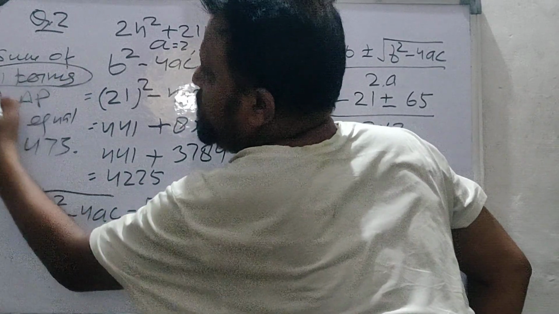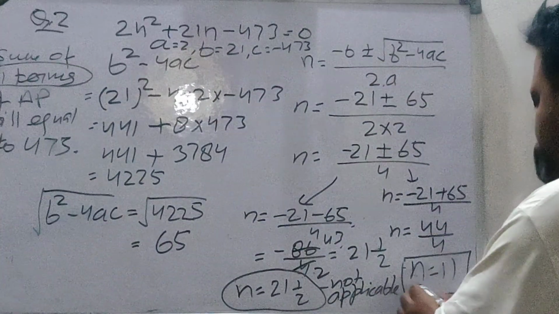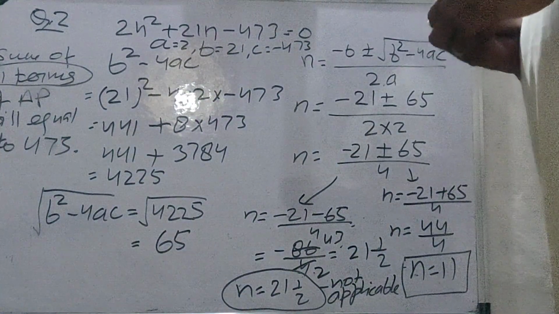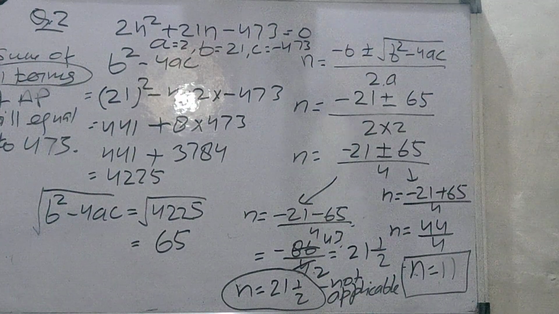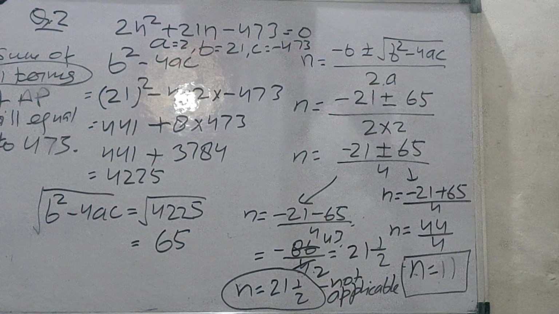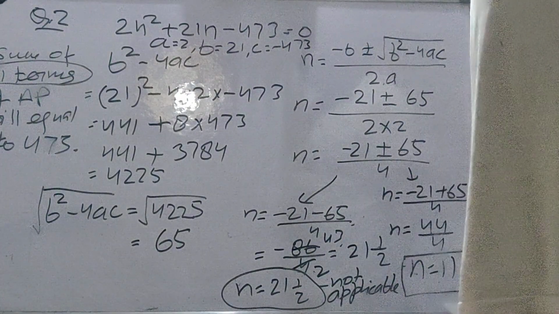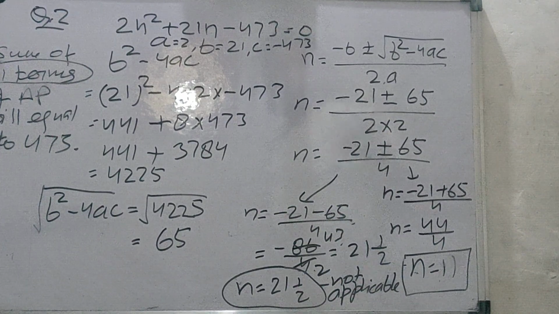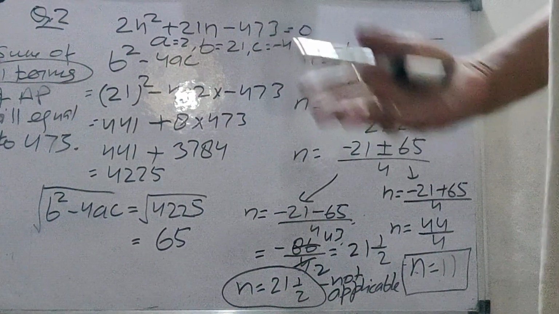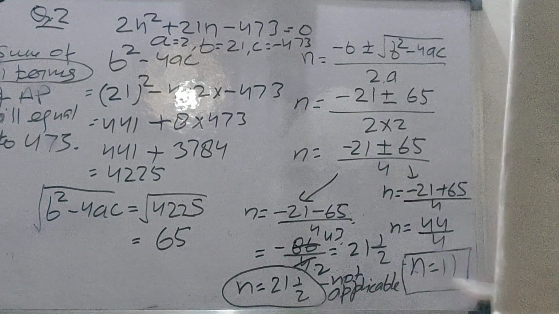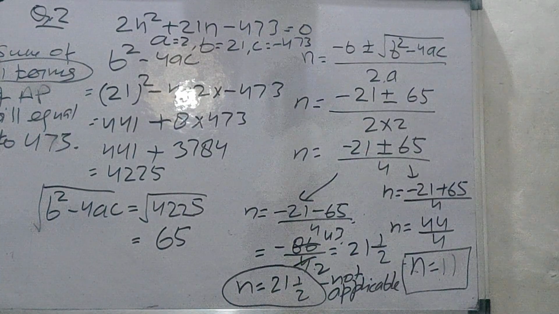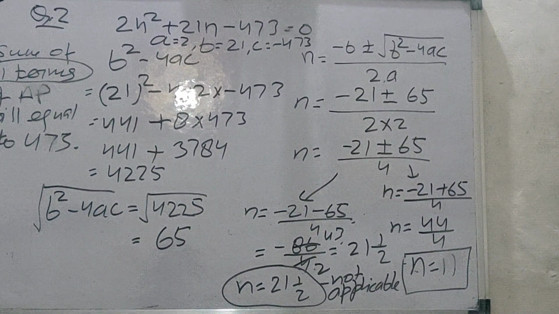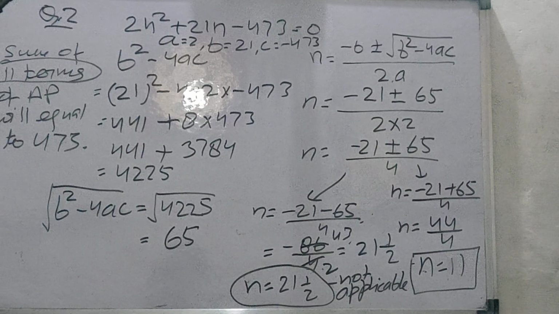So this is the solution of the question in two parts. The 11th term of the given AP, and the sum of the 11 terms of the AP which was given to us, will be equal to 473. So this is what we have for today, and thank you.